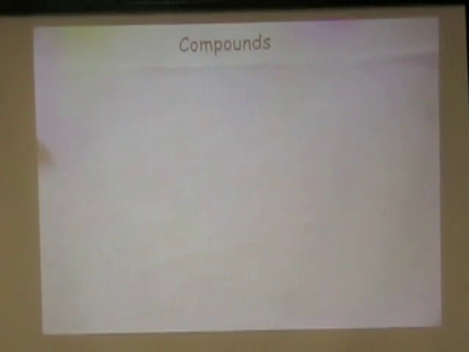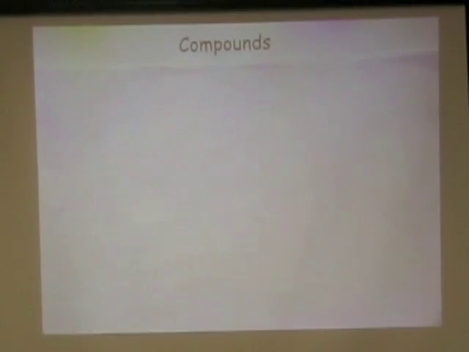We'll see. Okay, compounds. Now, if you look around your room right now, or wherever you're at watching this video, how many different kinds of substances do you see around you? 10, 20, 100, 1,000, lots and lots of different kinds of materials, just in the close proximity of where you are watching this video.